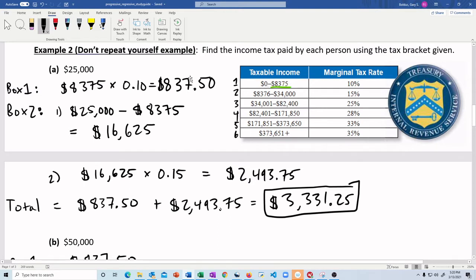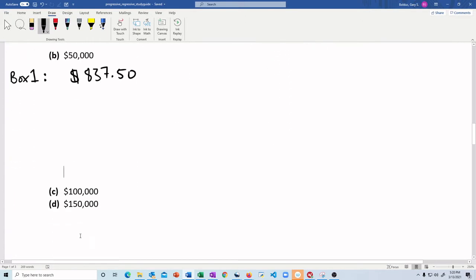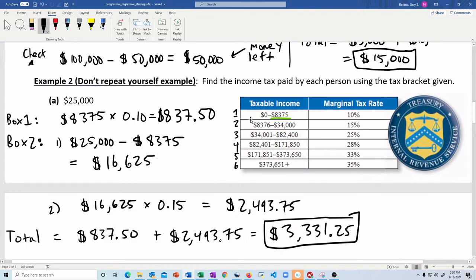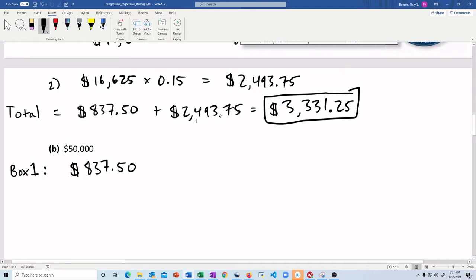So the person who makes $25,000, the person who makes $50,000, the person who makes 100,000, 150,000, it doesn't matter. Their first $8,375 all get taxed at 10%. They all pay this much money for that first chunk of their income. So don't worry about having to redo those calculations.